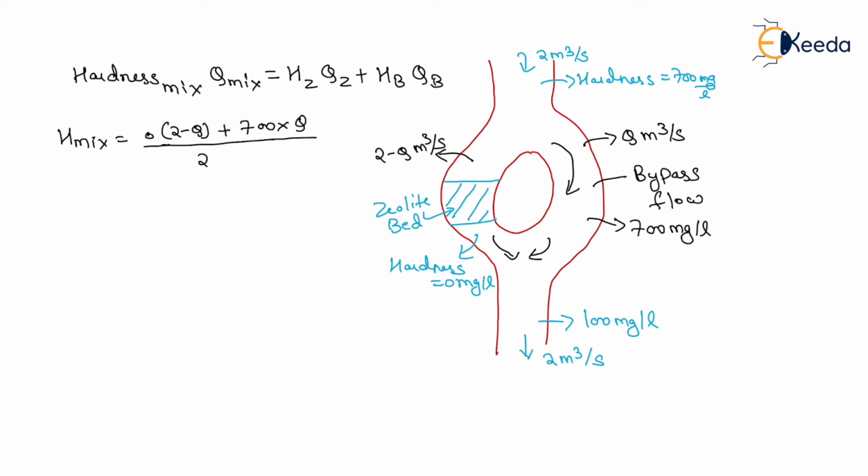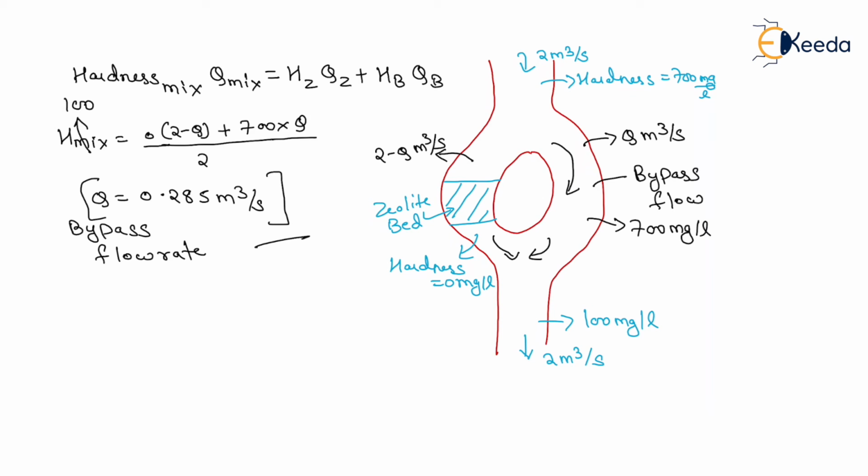The hardness of the mixture is 100 mg/L. Solving the equation, 100 equals 700 into q divided by 2, the value of q comes out to be 0.285 m³/s, which is the bypass flow rate.